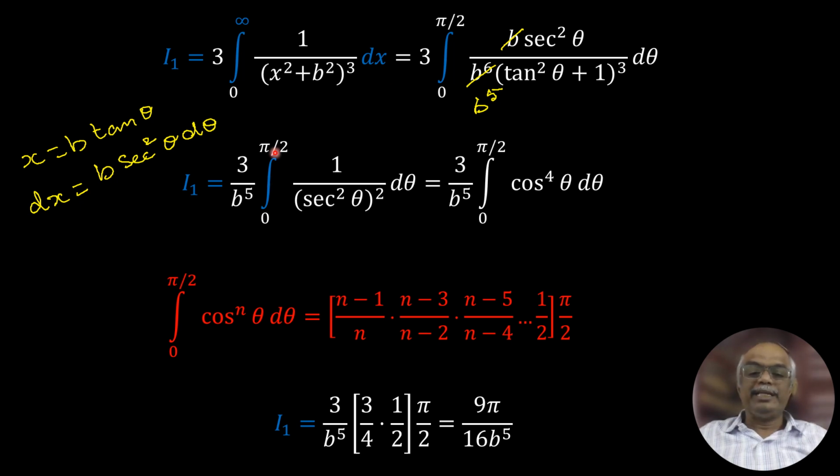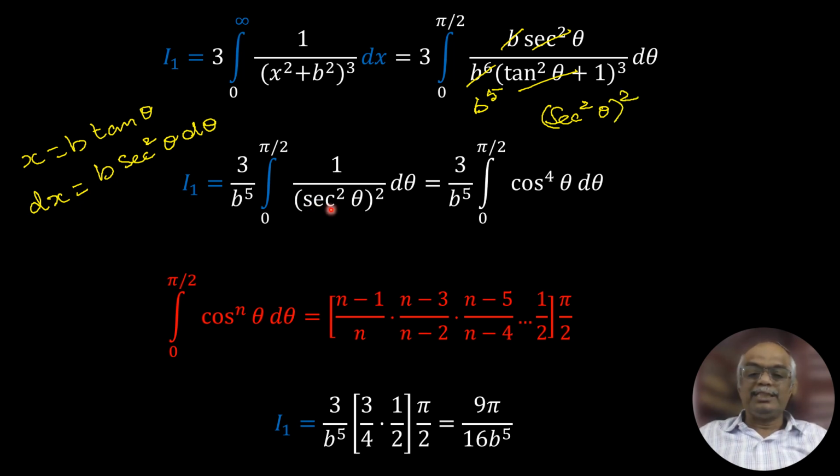So I am taking this 3 divided by p power 5 outside, and here tan squared theta plus 1 is secant squared theta, to the power 3. So in the denominator, if you cancel both, you will get (secant squared theta) whole squared.